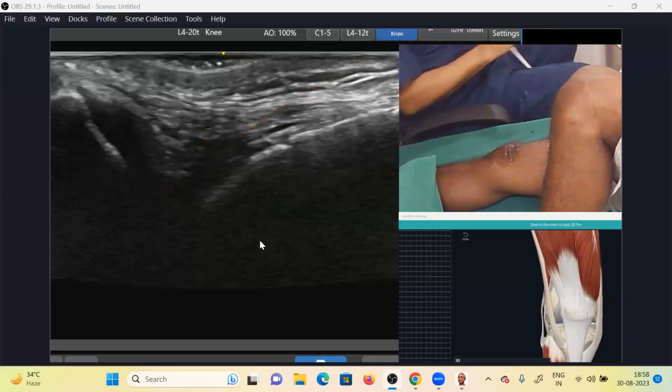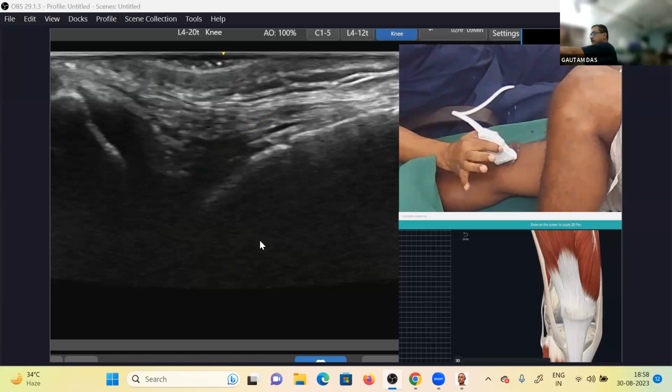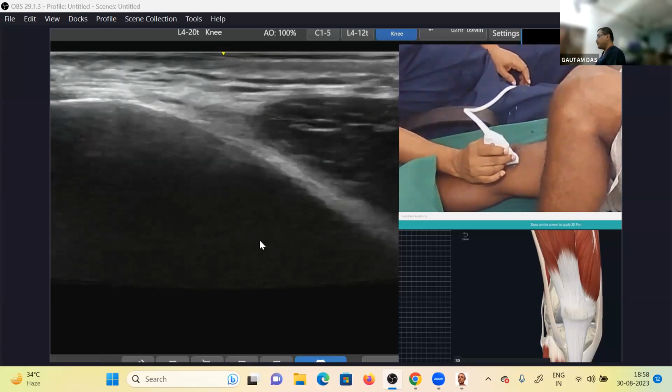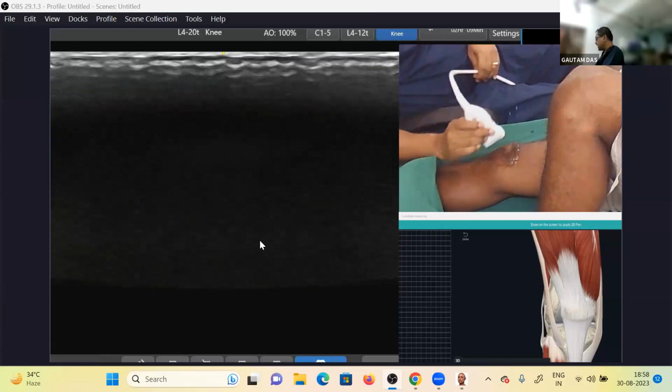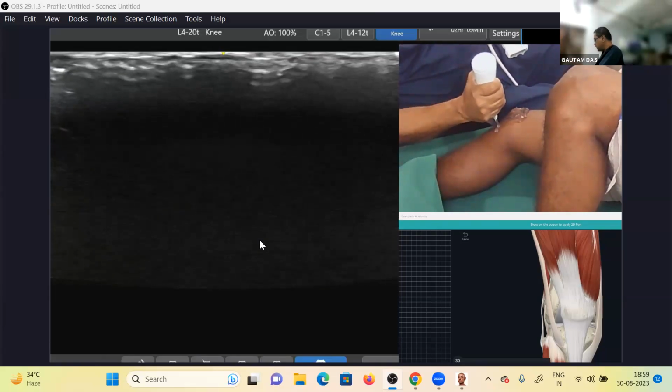Yes, sir. Okay. So now my probe was like this. Now what I'm doing, I'm holding the probe like this, longitudinally. And now, okay, sorry. So my marker is on the side, and let me put gel again.